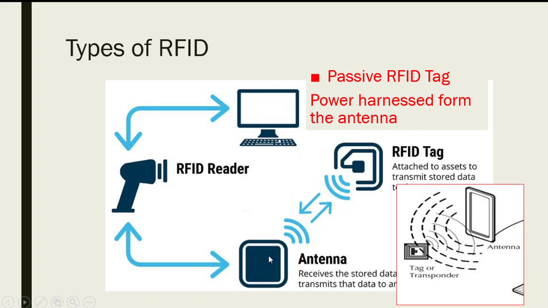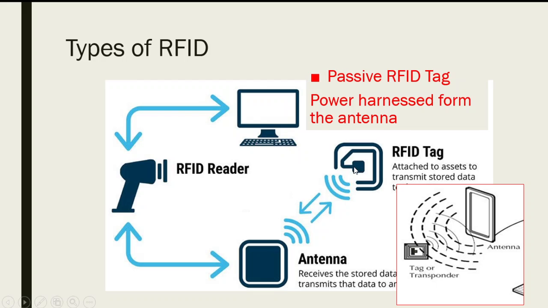So when the RFID reader's antenna is powered, it will be transmitting electromagnetic energy. That electromagnetic energy is harvested by the coil in the RFID tag, and using that energy it will be powering the chip associated with the tag.